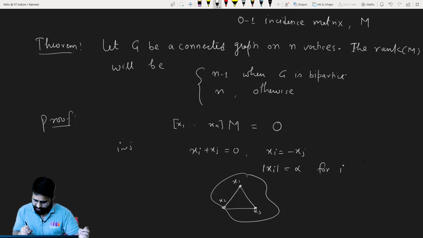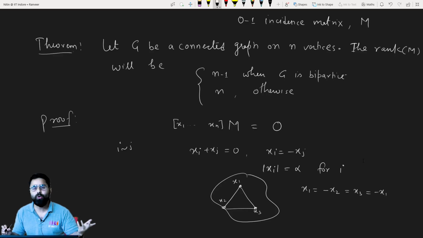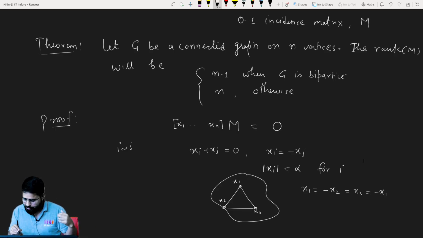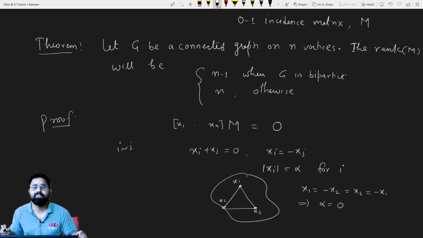There is an edge between x1 and x2, so x1 equals minus x2. Then again x2 equals minus x3, and because of the edge back, x3 equals minus x1. So this implies that all these xi's are 0, and basically every alpha is 0.